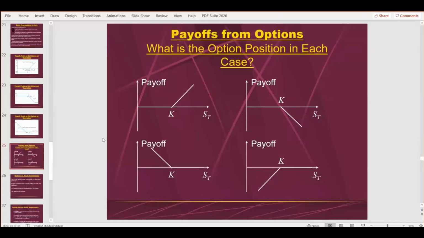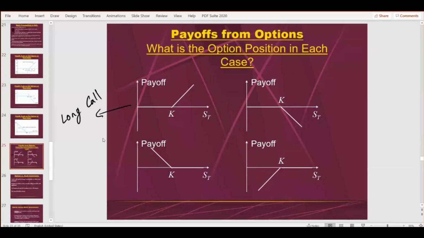And here you have a summary of the payoffs. If you want to determine what is the option position in each case, the first one here is a long call.